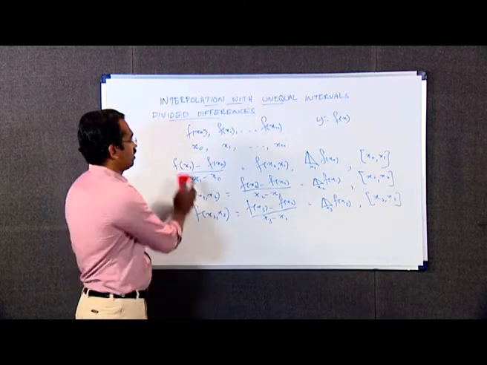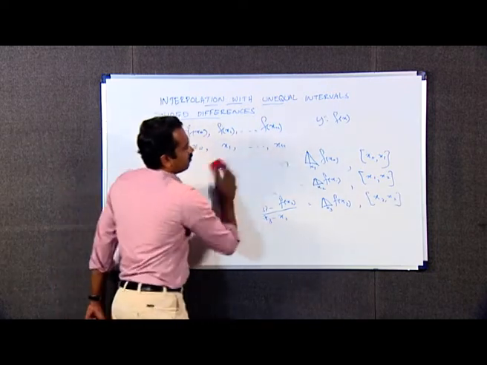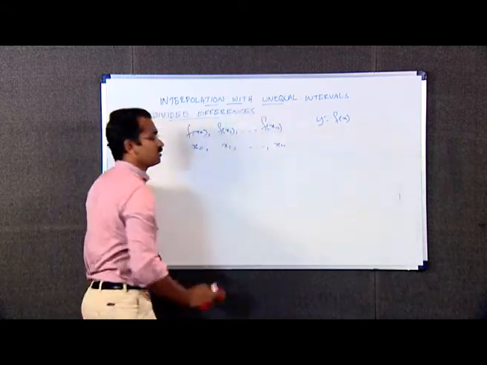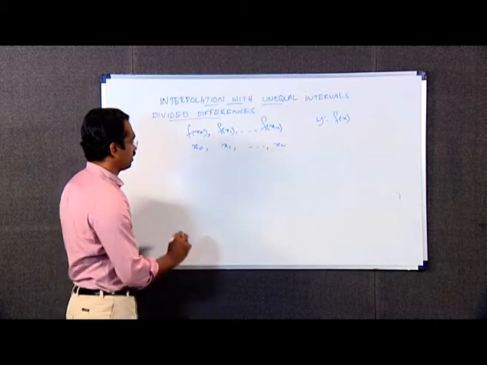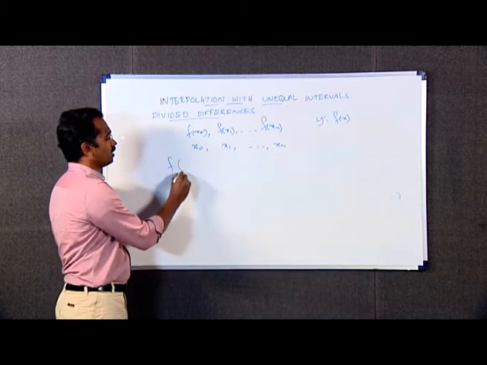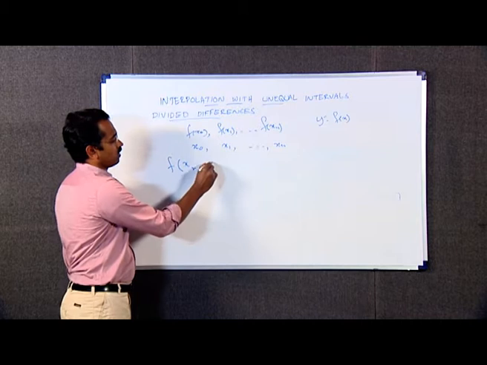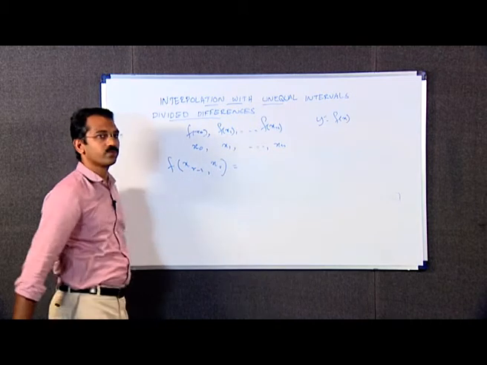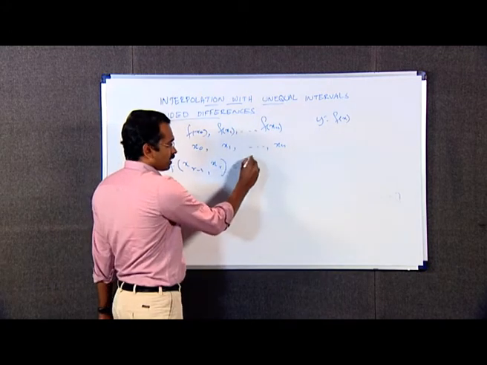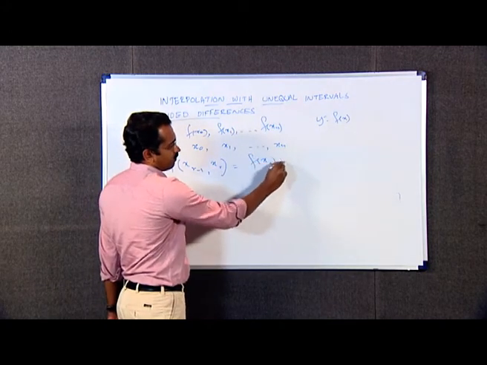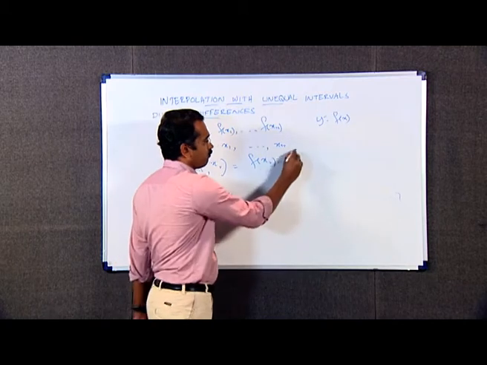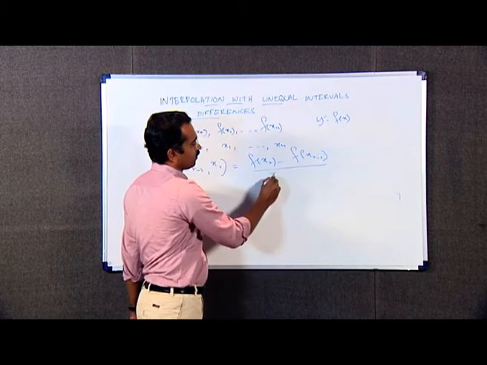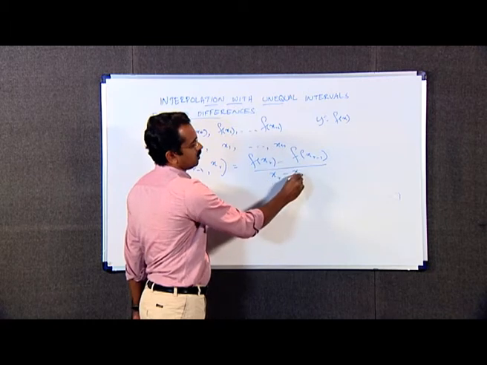In general, we define the first order divided difference corresponding to the arguments x r minus 1 and x r as f of x r minus 1 x r is equal to f of x r minus f of x r minus 1 divided by x r minus x r minus 1.